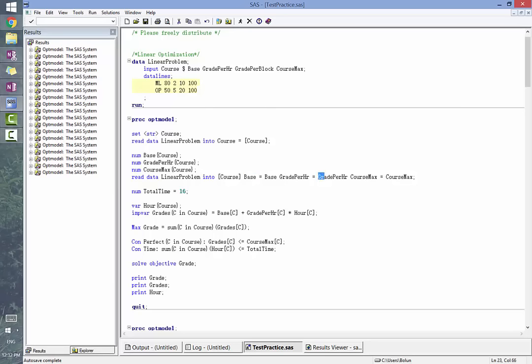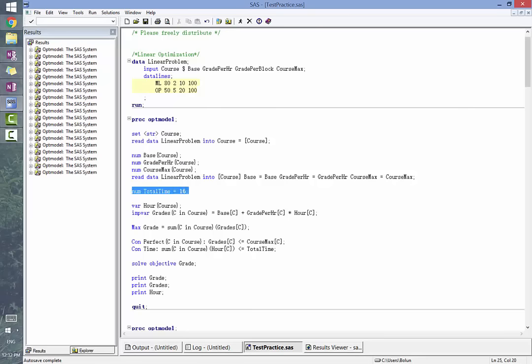We're going to store the value from the grade per hour column in our old table into our numerical variable called grade per hour, which corresponds here. So whatever is after the equal sign corresponds to the column name of your data source, and whatever is before the equal sign corresponds to the name of your set. They both have to be indexed on the same thing.